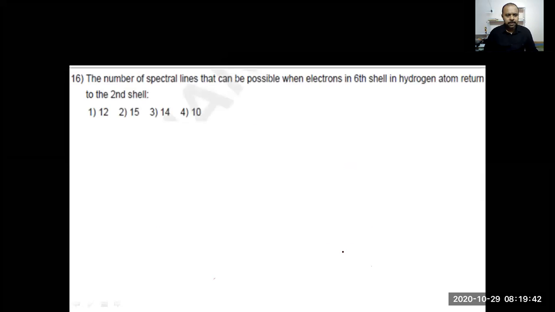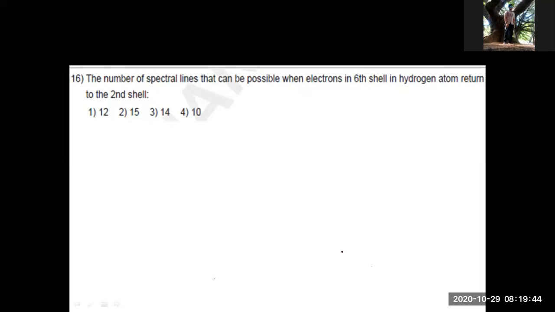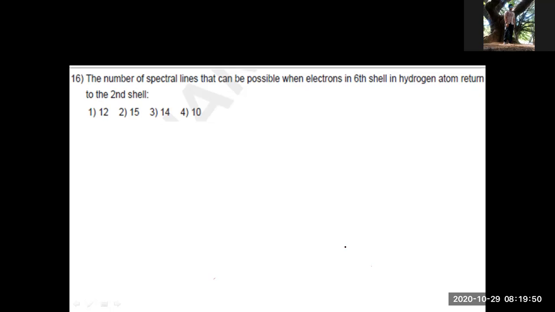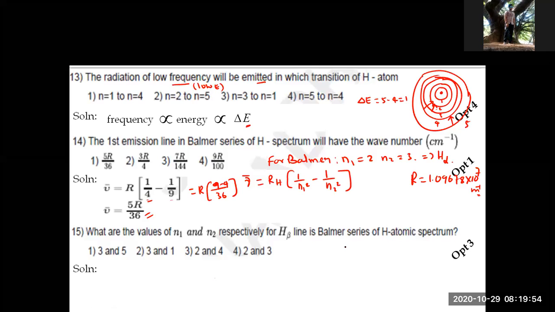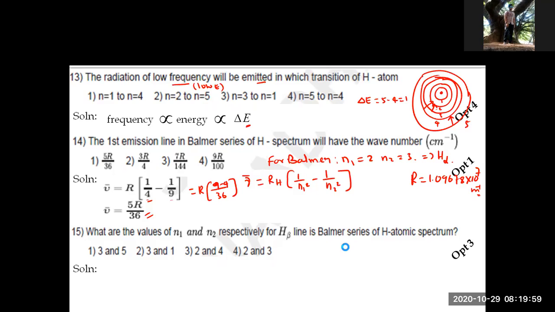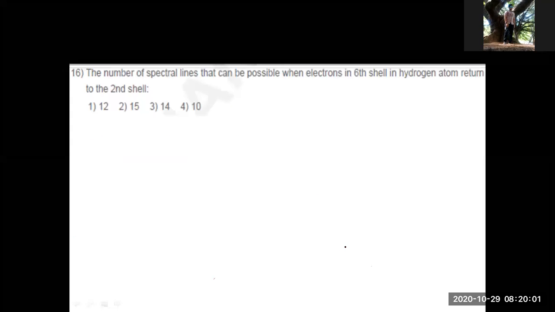Next, 16. Sir, can you go to the previous page for a moment? 16.